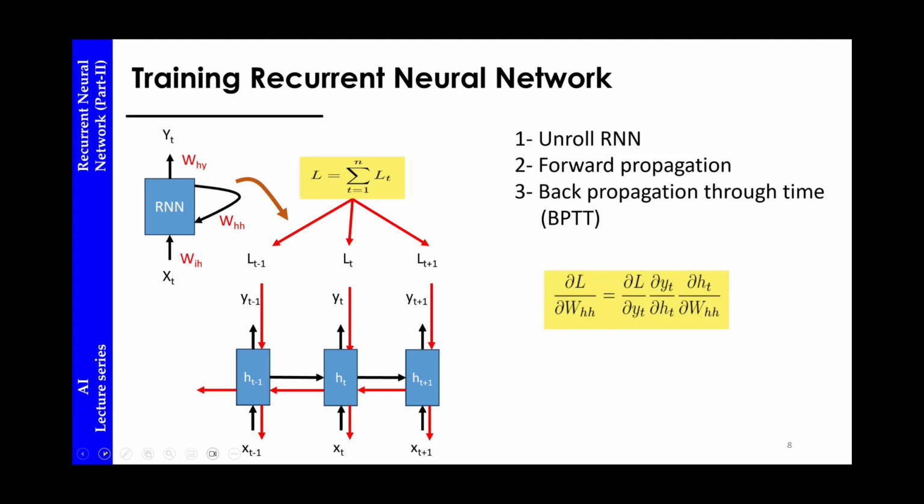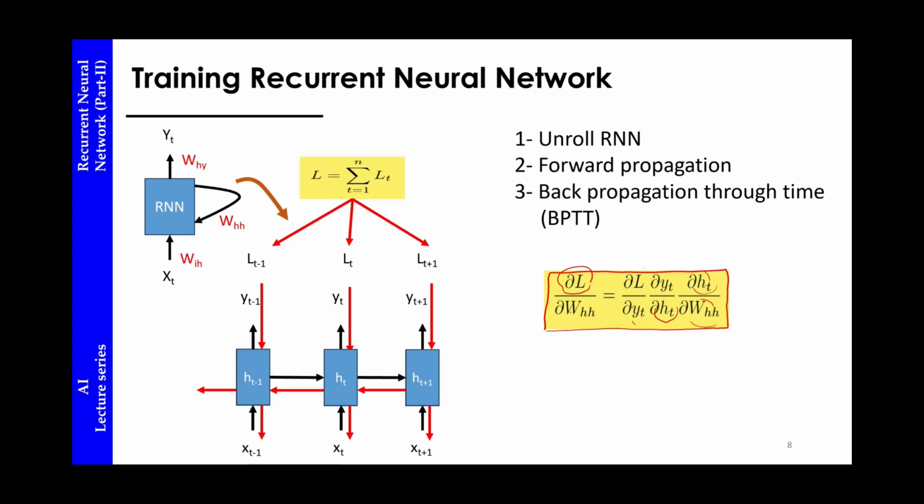To calculate the partial derivatives and minimize the loss value as much as possible, the main core here is the chain rule that you have learned in mathematics. We start with the partial derivative of the total loss with respect to the output, then the output with respect to the hidden state, and then the hidden state with respect to the recurrent weight matrix.